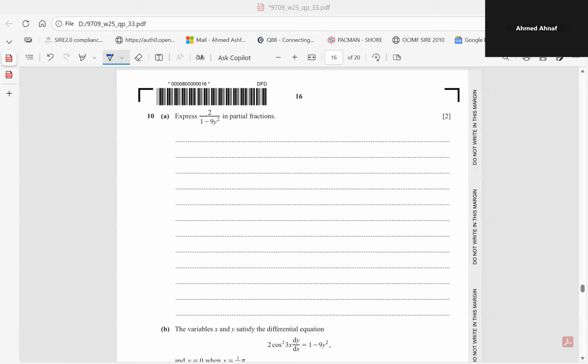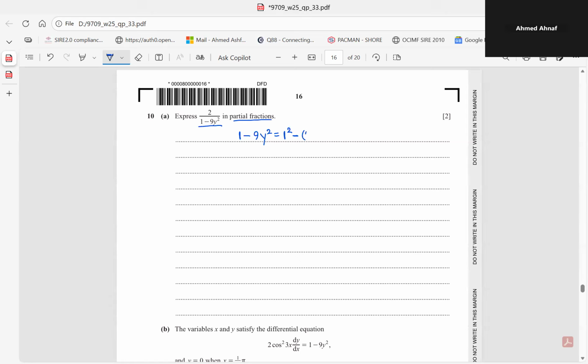Okay, so for 10a, we need to express this fraction in partial fractions. First things first, to express this in partial fractions, we need to factorize our denominator. To factorize it, we need to realize that it's actually in the form a squared minus b squared, so 1 squared minus b squared.